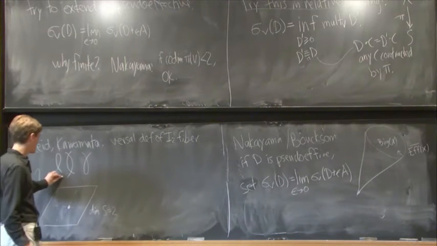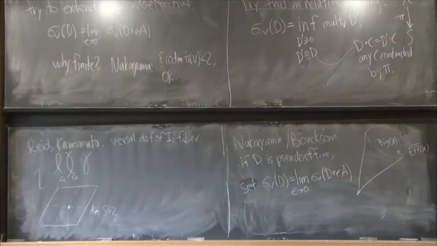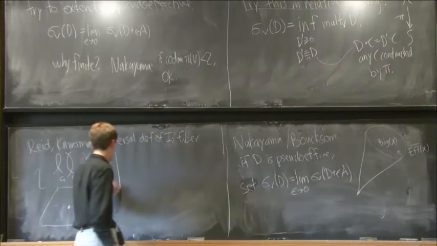So let me call these two curves in the central fiber C1 and C2. Here's what happens. This curve C1 is a rational curve with normal bundle (-1,-1). And you can flop this curve. And it turns out that after you flop the curve, the new thing you get is isomorphic to what you started with.